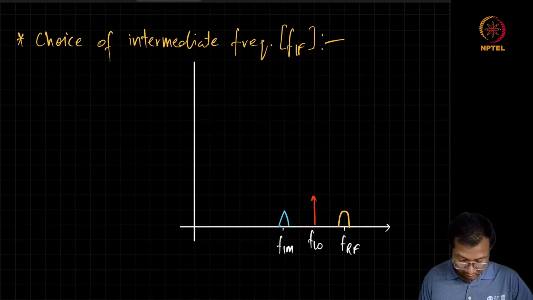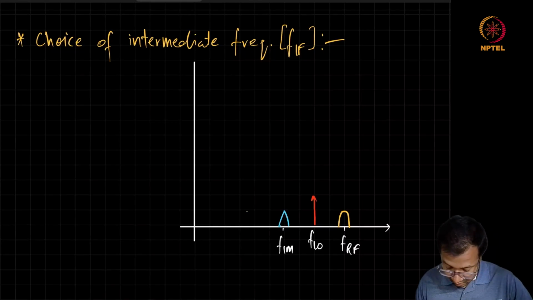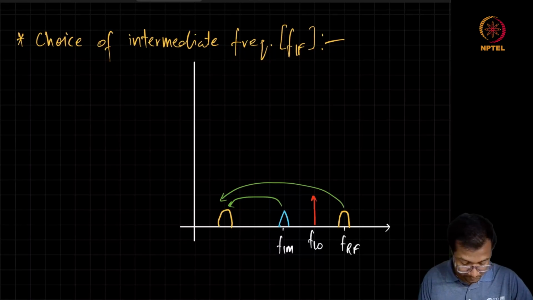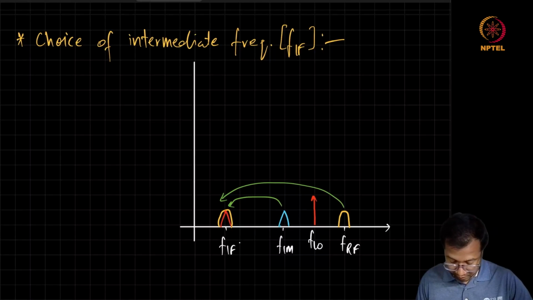And we all know the result of the down conversion. All of this is going to appear at the same frequency, which is at FIF.